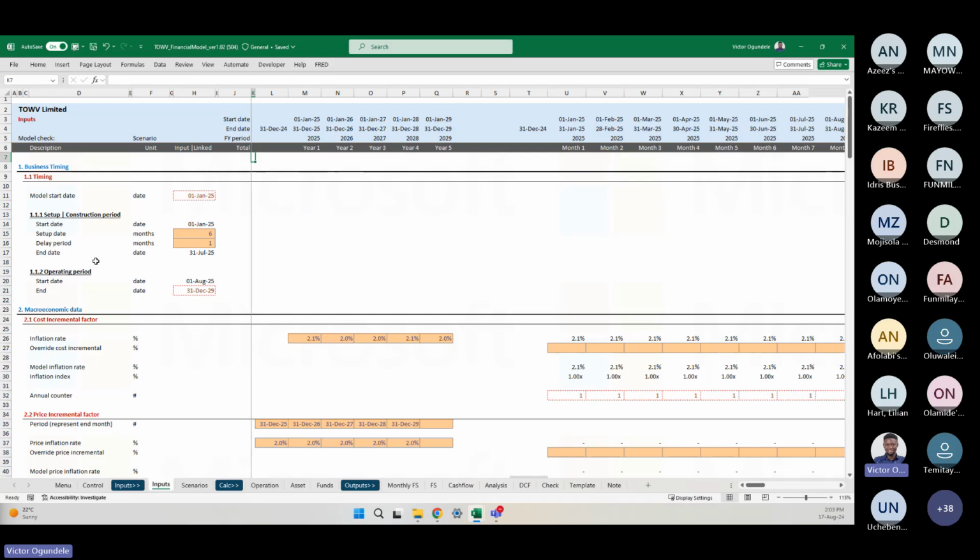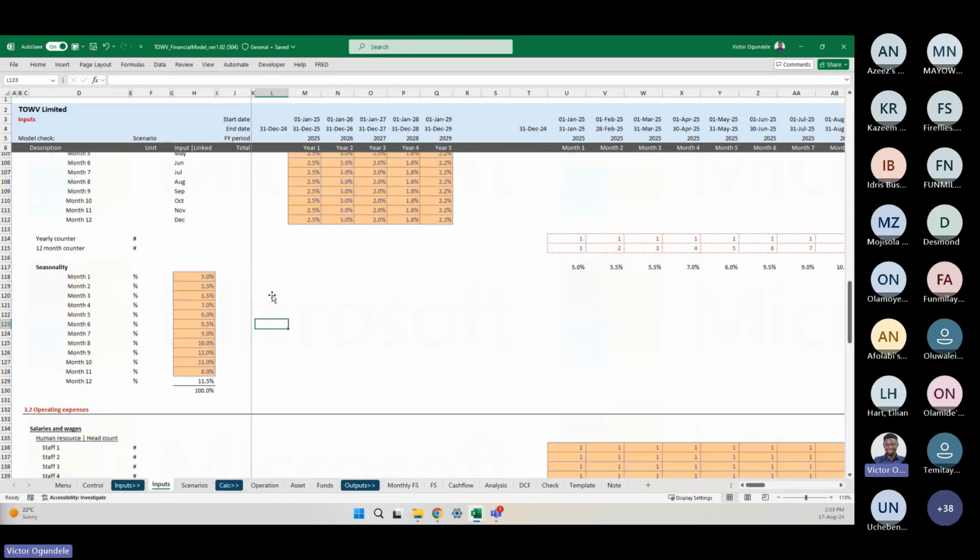Do I have any sample file I can show us that has something like that? Okay, maybe we can do that after the close of the session. Let's not waste time doing that now.